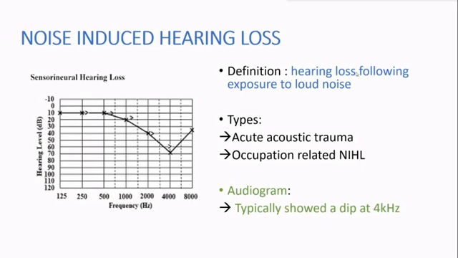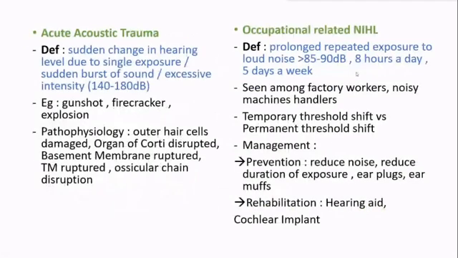Eventually, when they have retired and gotten a bit older, they'll realize they have hearing loss. In the audiogram, we show a typical dip at 4 kilohertz. So this is how you define acute acoustic trauma and also occupation-related noise-induced hearing loss.